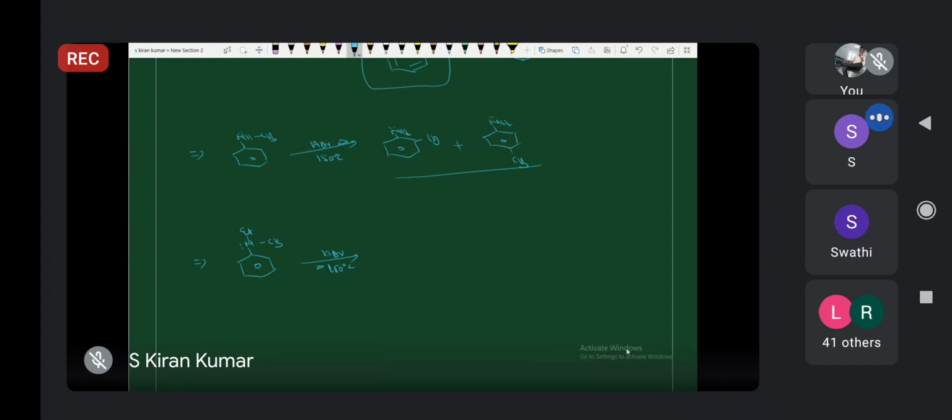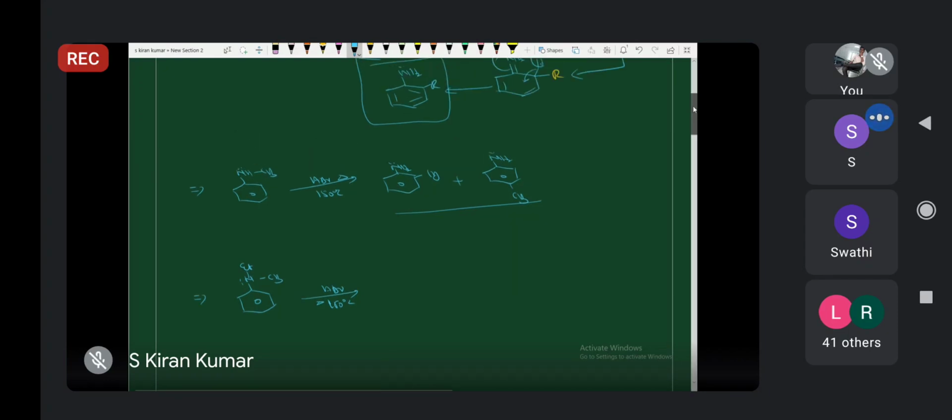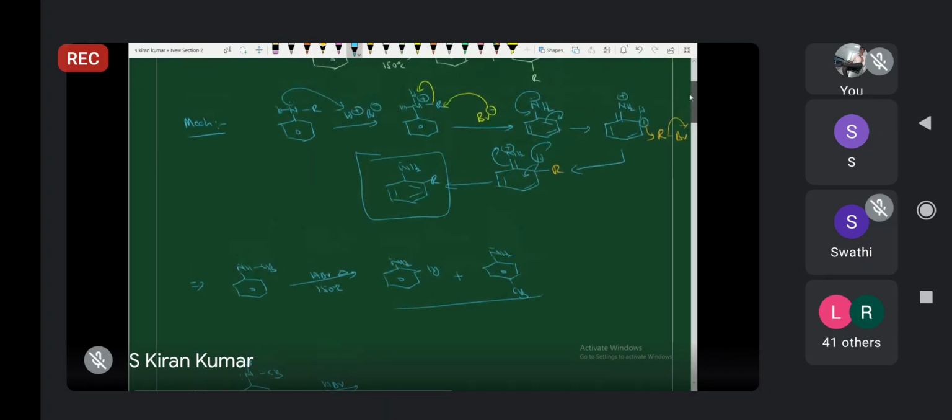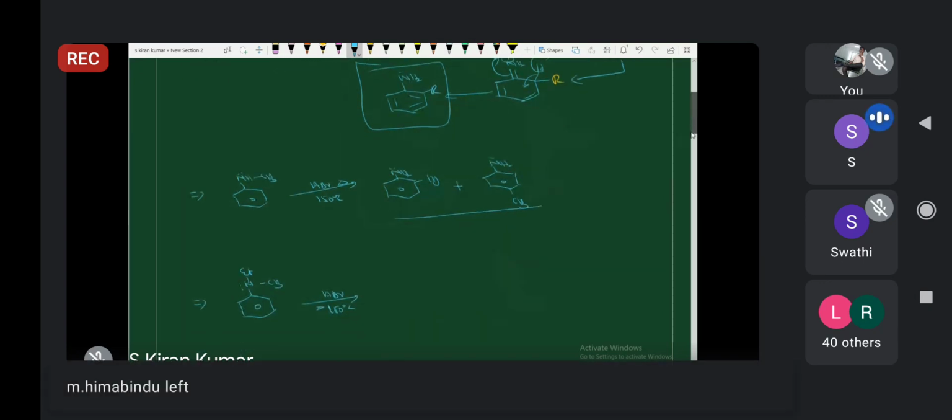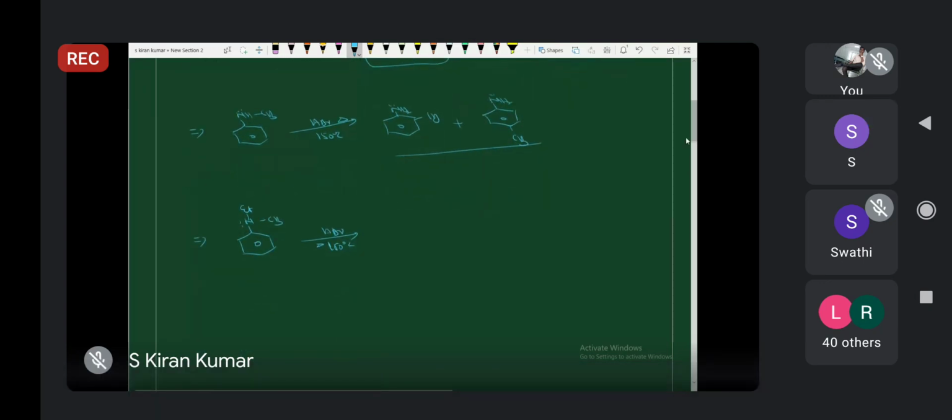Which group is it, methyl or ethyl? Sir, in the mechanism, when the nitrogen-alkyl bond breakage takes place, what charge does the R group get? Positive charge. Which R group is more stable with positive charge, ethyl or methyl?